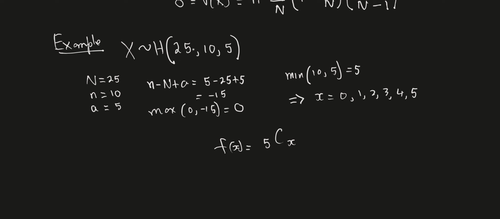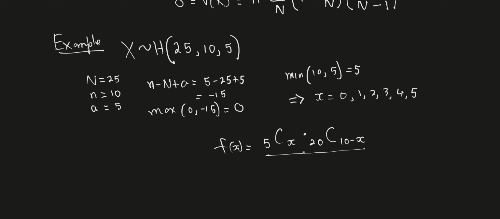And then the remaining 20 represent my failures, or the ones that I don't want. So then 20 choose the difference, 10 minus x. And then this is all over 25 choose 10.